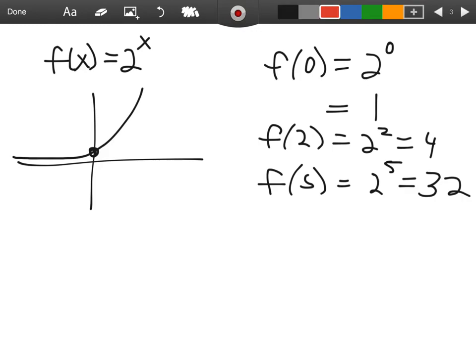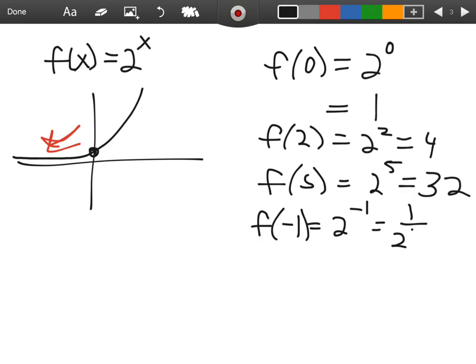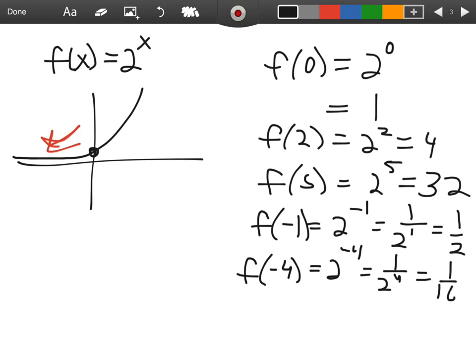But over here on this side, let's look at this side. Okay, so if I go negative, say I have f of negative 1. That is 2 to the negative 1 power, which one of our rules says would be 1 over 2 to the first power, or 1/2. Let's go a little bigger. Let's say f of negative 8. No, let's not go that big yet. Let's go f of negative 4. 2 to the negative 4 power, 1 over 2 to the 4th power, 1 over 16.